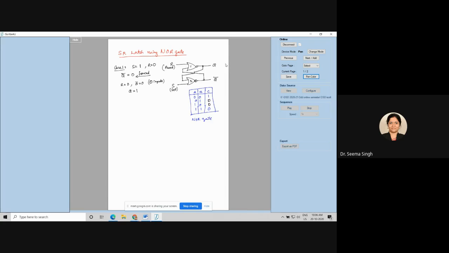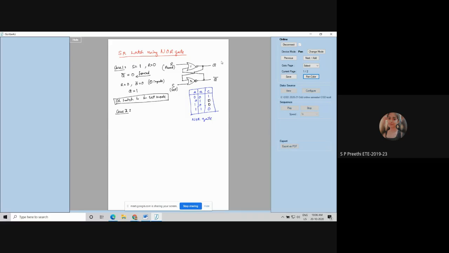Is this case clear? When set is 1, R is 0, without bothering about the previous input, your latch is set. SR latch is in set mode. What do you mean by set mode? Set mode says that Q is equal to 1. This is called as set mode. Is this case clear? Can I go on to the next case?